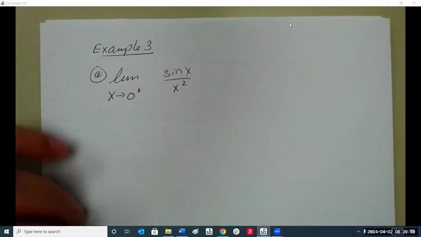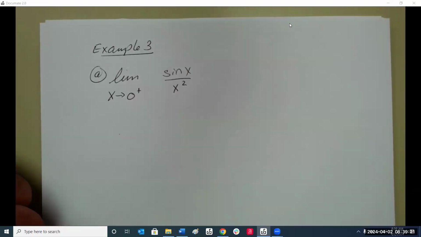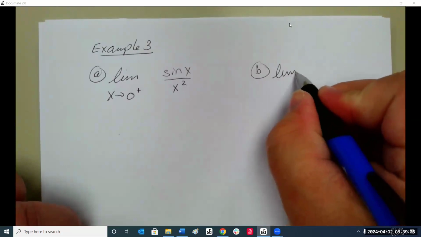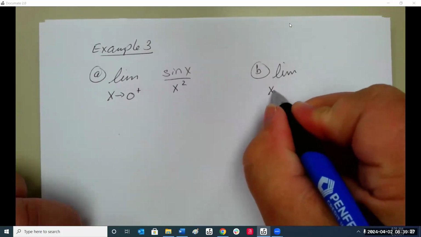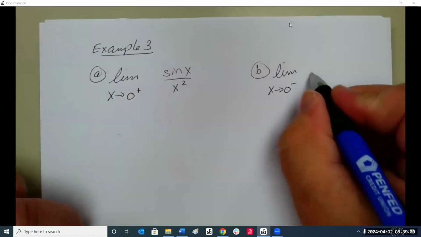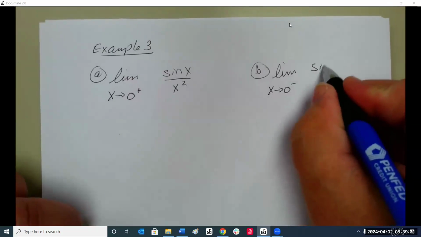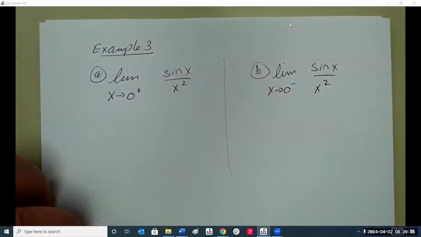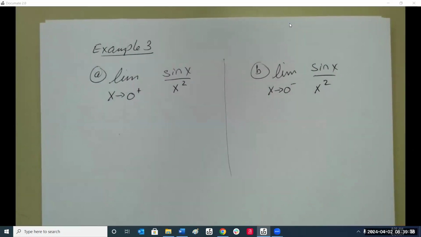These A and B, the next two examples, I'll put B right here: limit as x approaches 0 from the left of sine x over x squared. What this goes to show you is you can take one-sided limits also and use L'Hopital's rule.